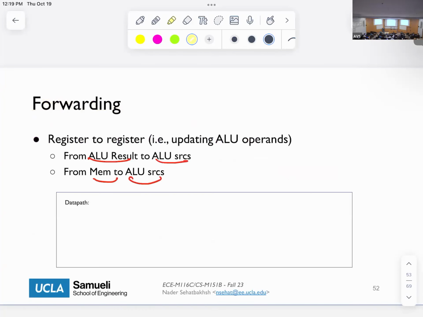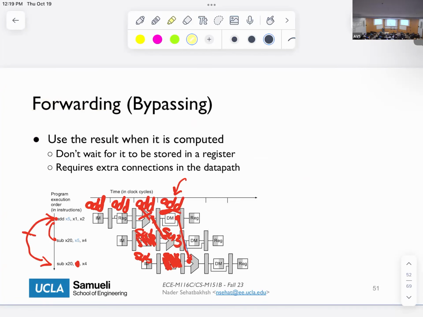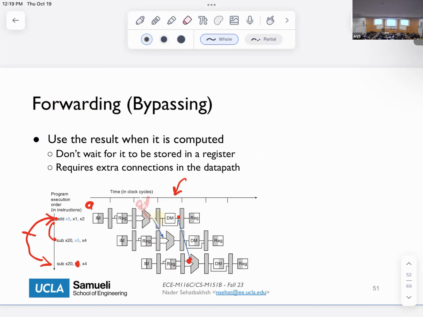So going back here, either I forward from this register or I forward from this register.